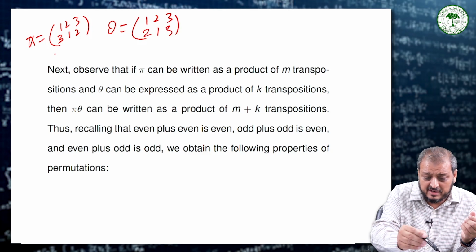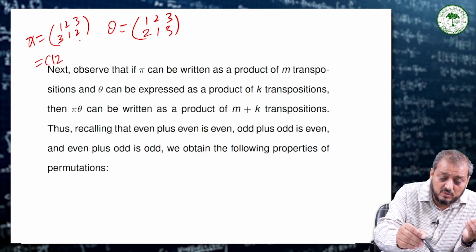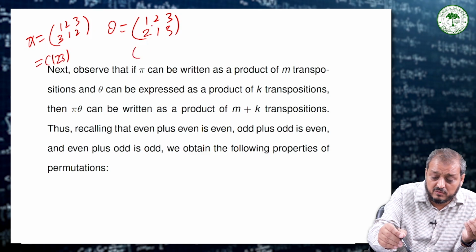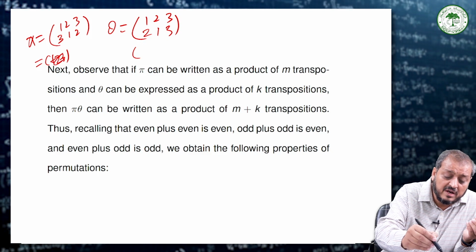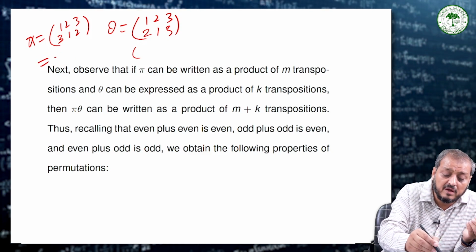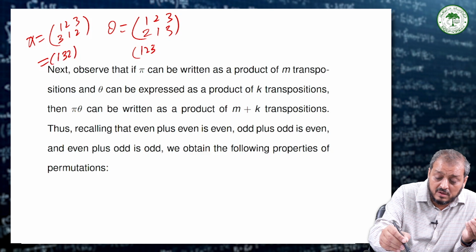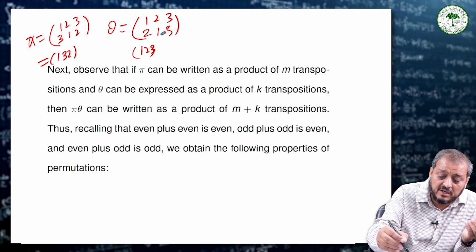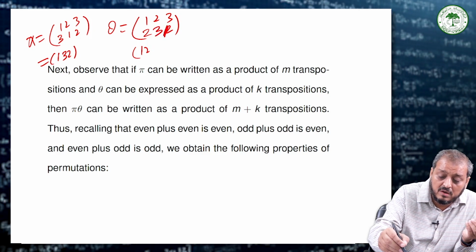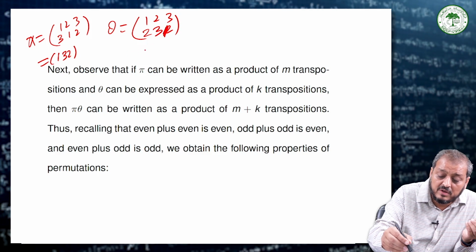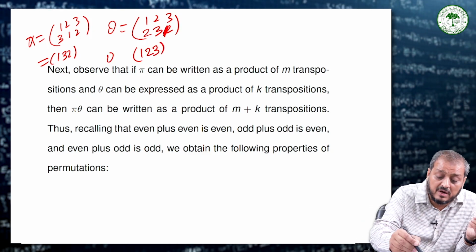We write pi in cyclic notation as (1 3 2), and theta as (1 2).